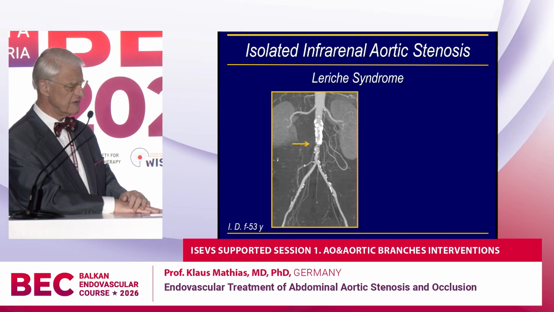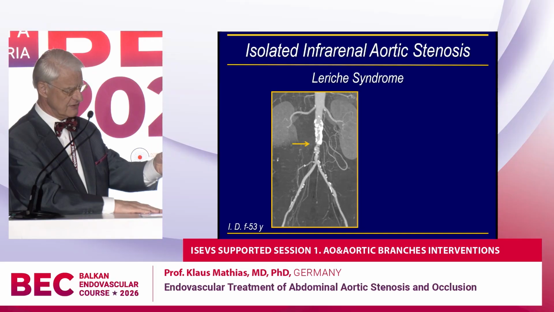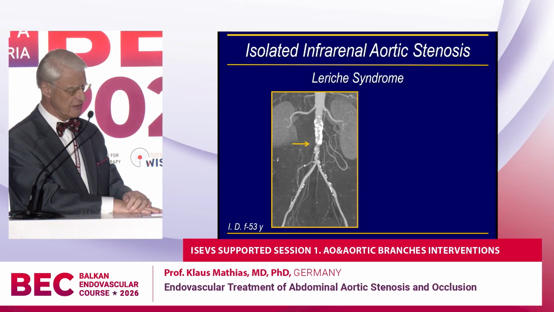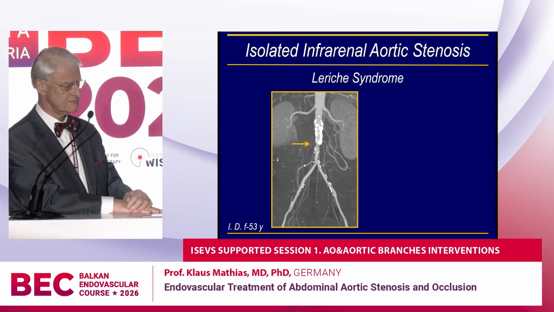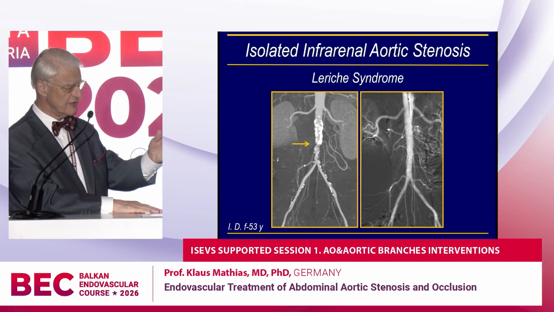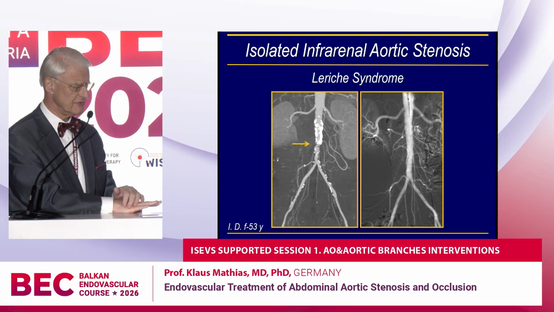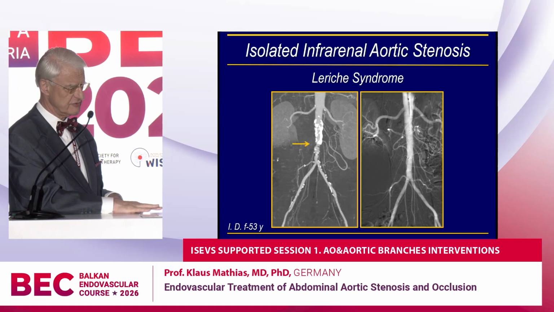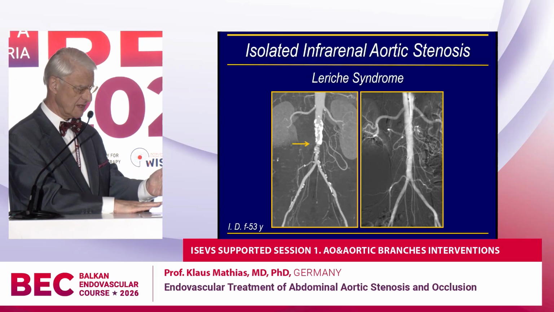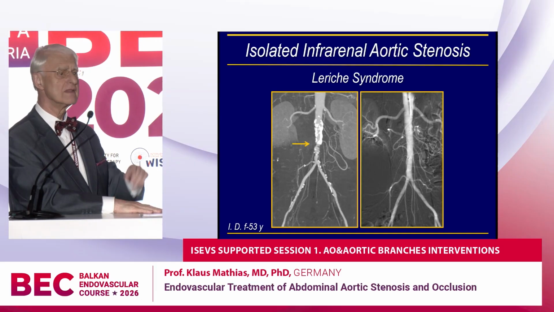Next. Another case where the iliac arteries are also not so good. It's a 53-year-old lady, and she also had this lesion in the distal abdominal aorta. Next. And you see a fairly nice result after endovascular treatment. Lesion removed and normal flow. Next.